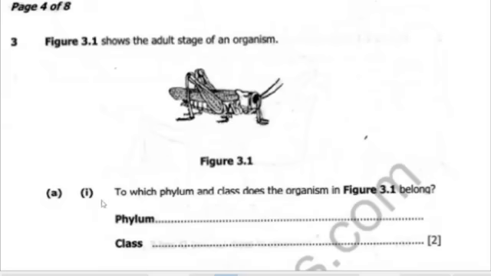Question A1, to which phylum and class does the organism in figure 3.1 belong to? So they want us to identify the phylum and the class to which this organism belongs. This organism belongs to the phylum called the Arthropoda.